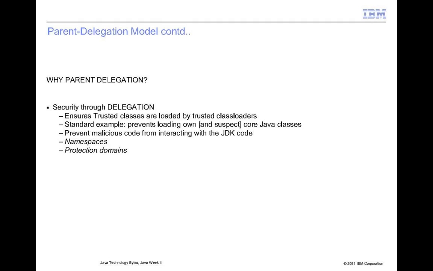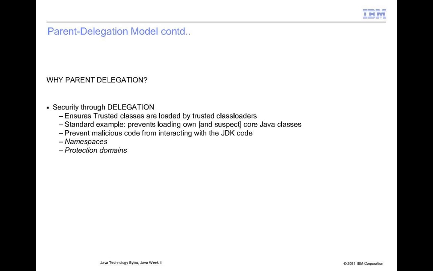The other point here is the creation of namespaces. Every class loader will have its own namespace, and the JVM will refer to a class through its class loader. When the JVM creates namespaces, it provides what are called protection domains to each namespace, defining what operations the class inside that namespace can perform.